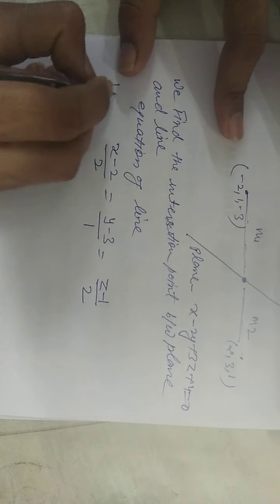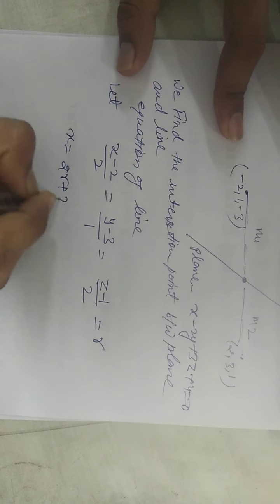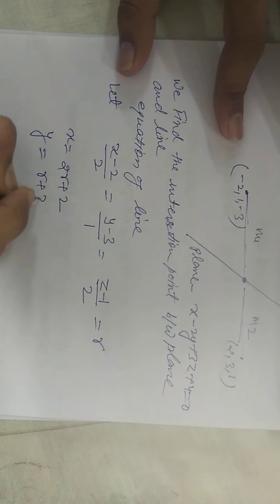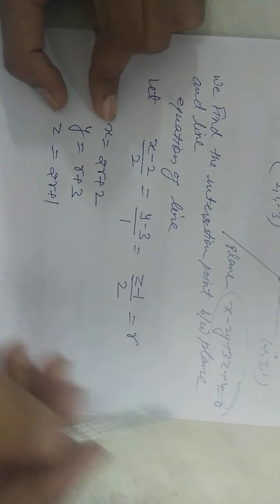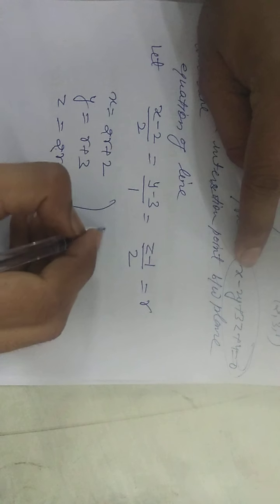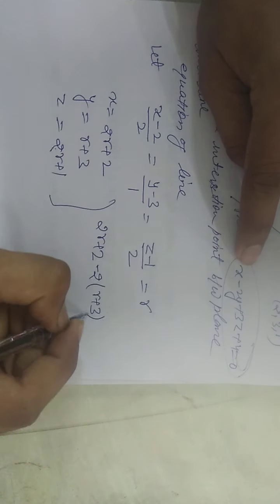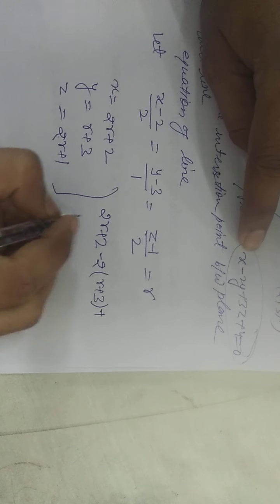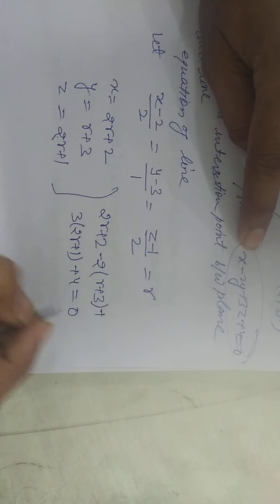Then let it equal r: x equal to 2r plus 2, y equal to r plus 3 and z equal to 2r plus 1. Putting these values in the equation of the plane, we find the value of r. Then (2r plus 2) minus 2(r plus 3) plus 3(2r plus 1) plus 4 equal to 0.